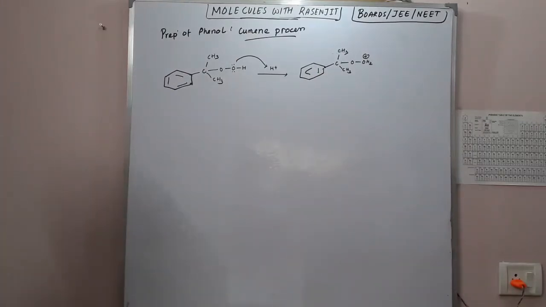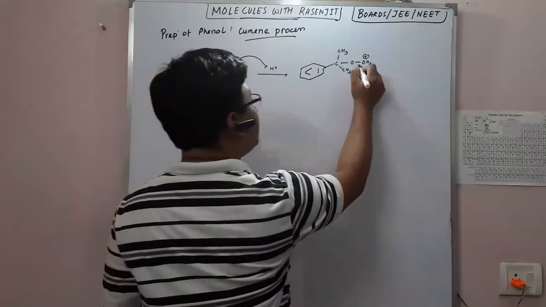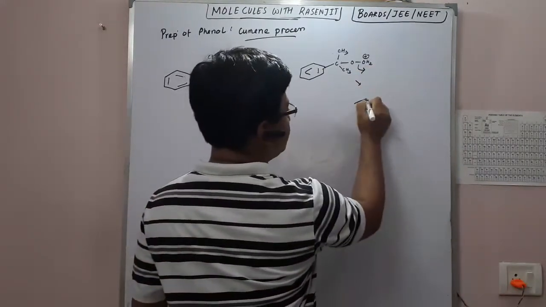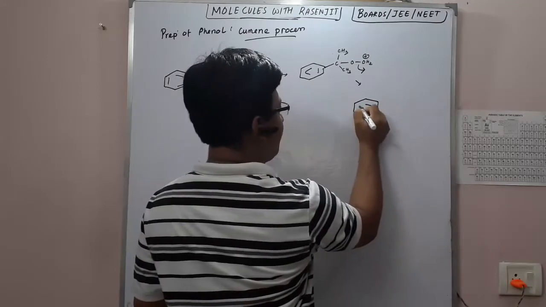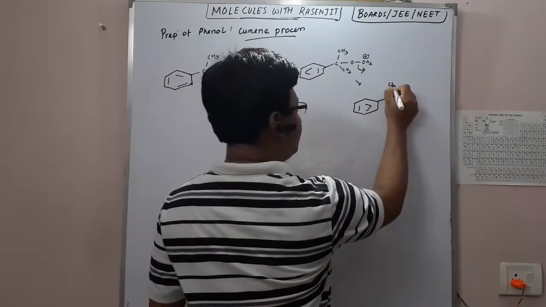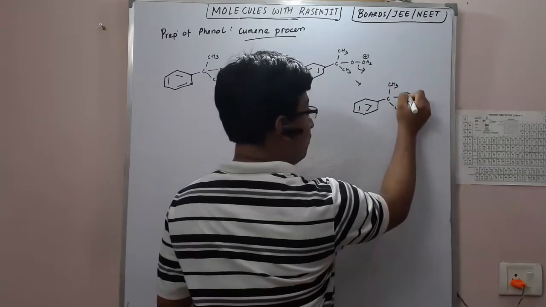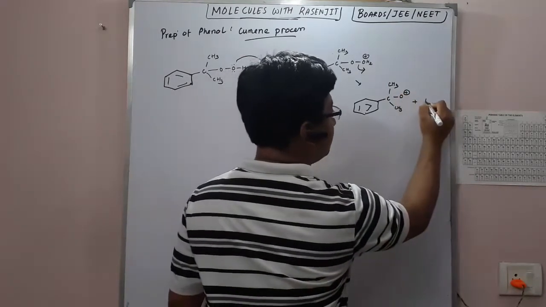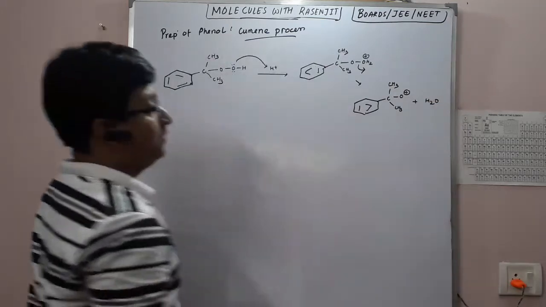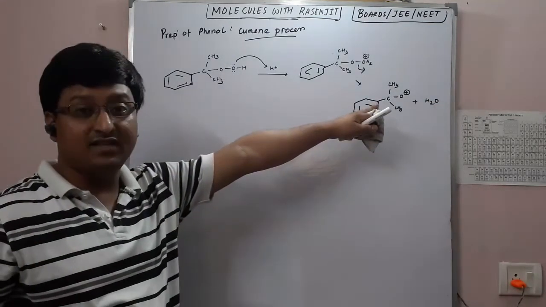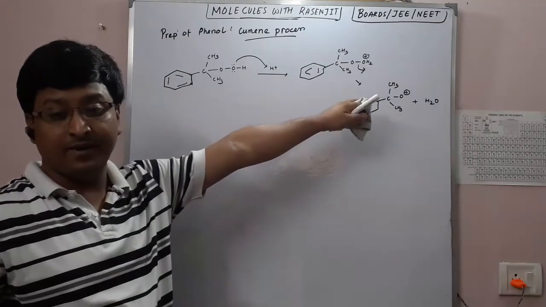Now this will come out, and next, what is formed? C, CH3, CH3, O plus, plus water. So oxygen is carrying a positive charge in this step particularly.